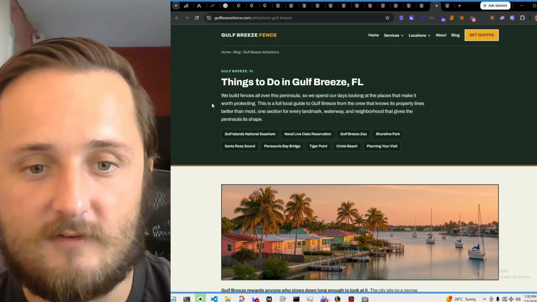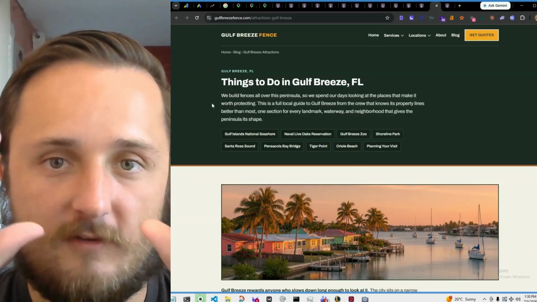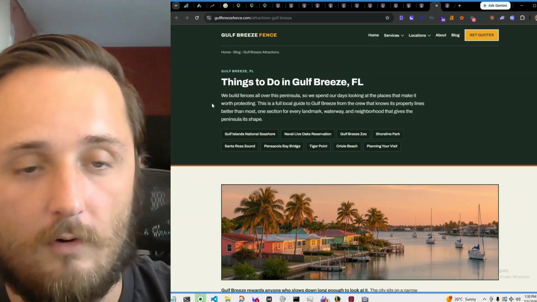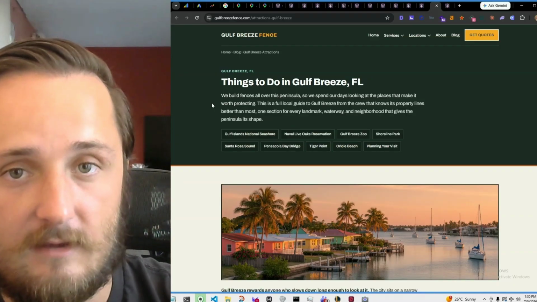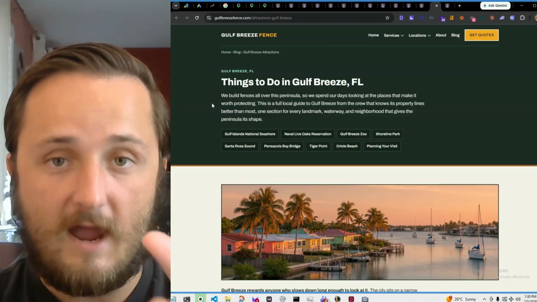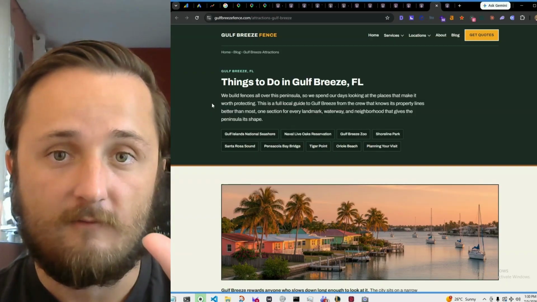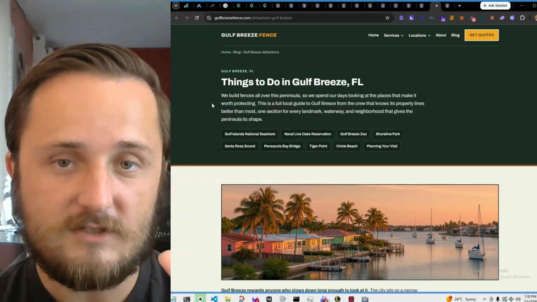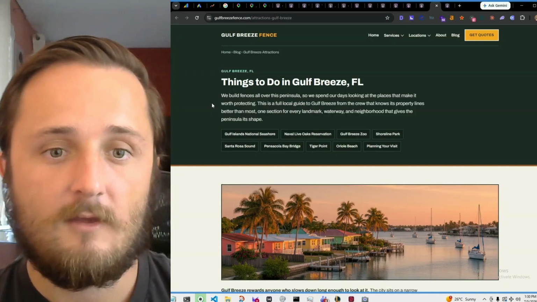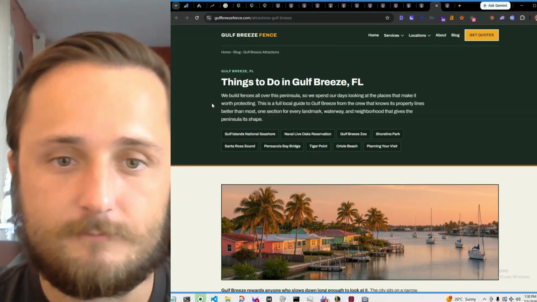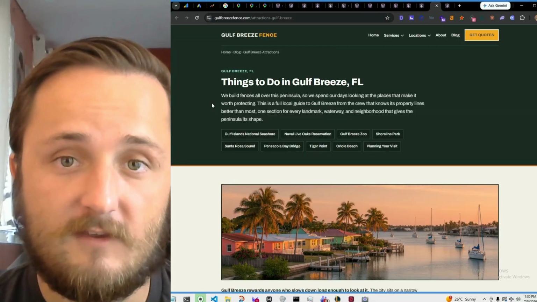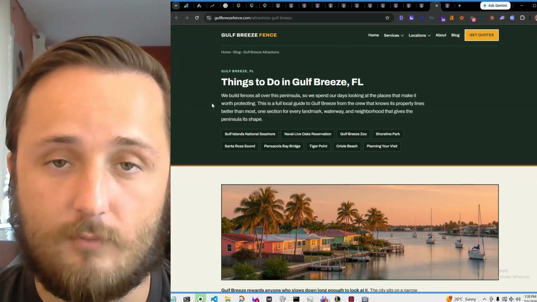Then, because this page is all about this very specific area, we're also going to link that blog out to the very specific locations page we're trying to rank. So in this example, we're trying to rank fencing company in Gulf Breeze.